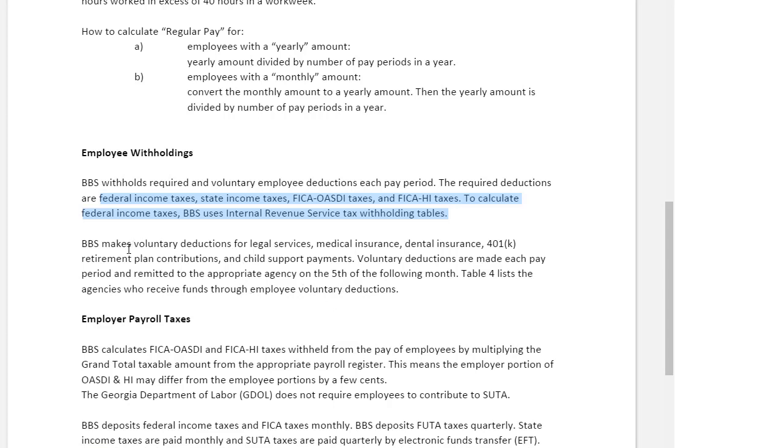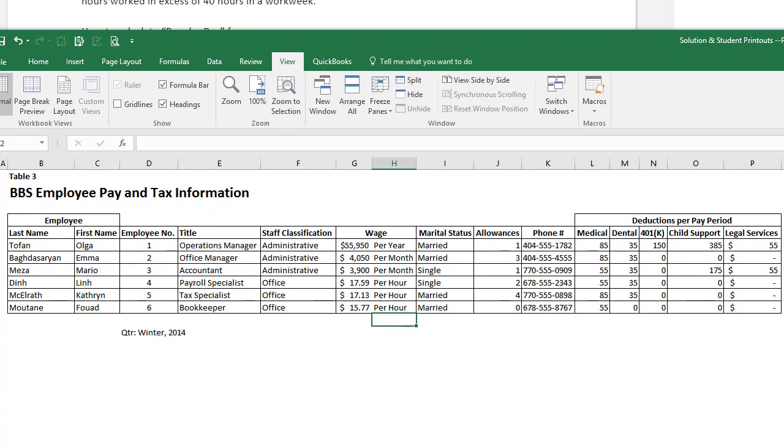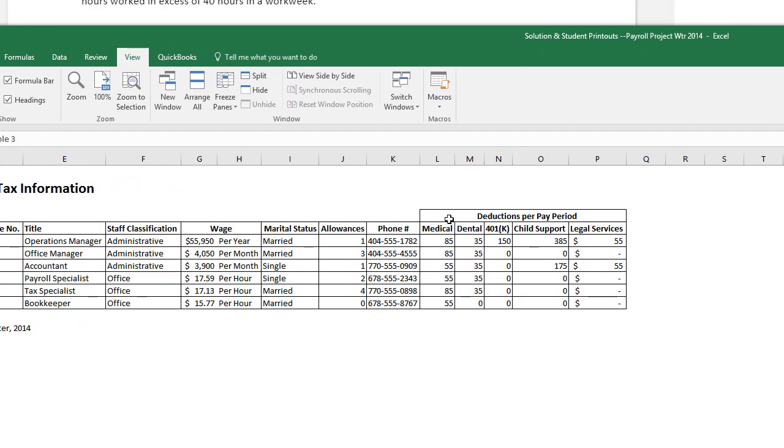So BBS makes voluntary deductions for legal services, medical insurance, dental insurance, 401k contributions, and child support payments. That information can be found in Table 3. So here's Table 3, and if you look over here, it says the deductions per pay period.